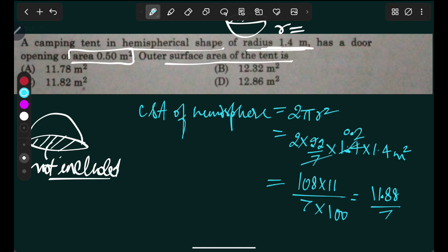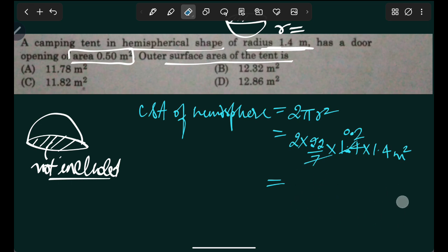22 by 7, 1.4 into 1.4, 0.2, 28, 56 we have. 14 times 2. 11 I am taking common from 22.